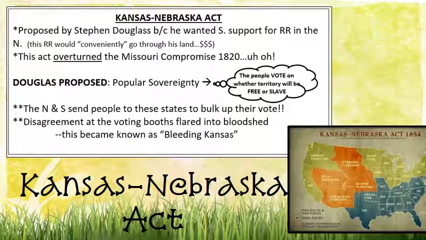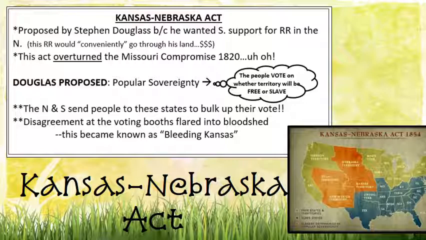All right, our final compromise or act, whatever you want to call it. This is classic. It's going to seem so typical of a congressman anymore. So the Kansas-Nebraska Act is proposed by a congressman named Stephen Douglas because he wants to get southern support for a railroad that runs through the North.